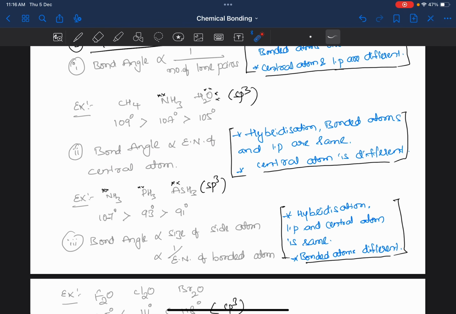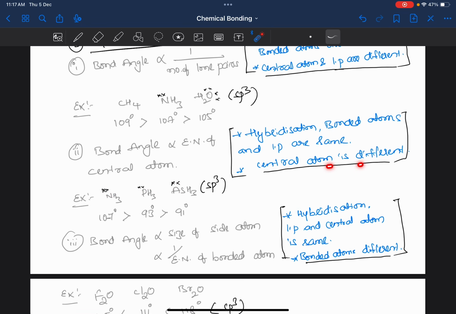Now see the example. In this example, I took three molecules: ammonia, phosphine, and arsine. In these three molecules, the hybridization is sp3. So here I said hybridization is the same. Bonded atoms are the same: sidewise atoms are hydrogens only. And lone pairs are the same: one only.